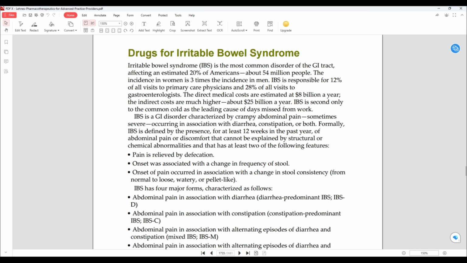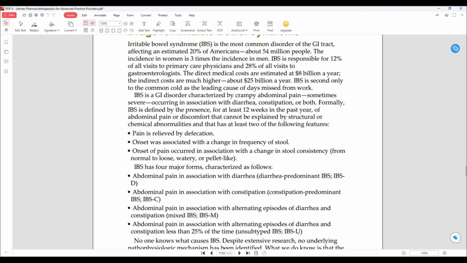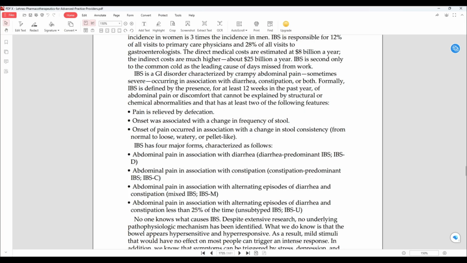IBS is second only to the common cold as the leading cause of days missed from work. IBS is a GI disorder characterized by crampy abdominal pain, sometimes severe, occurring in association with diarrhea, constipation, or both.